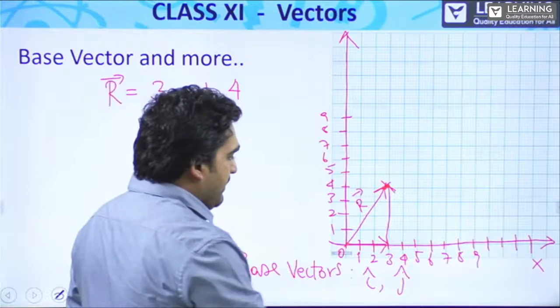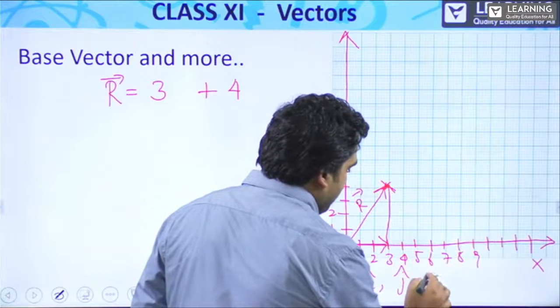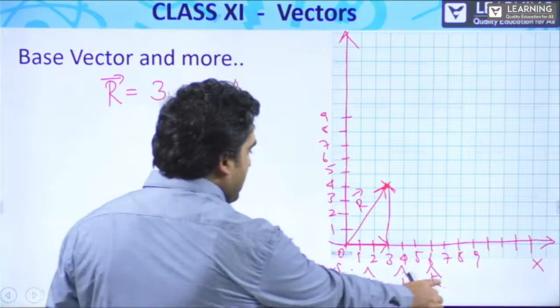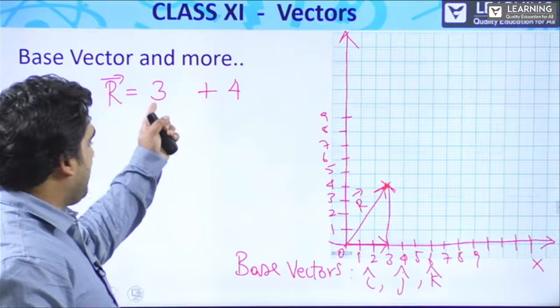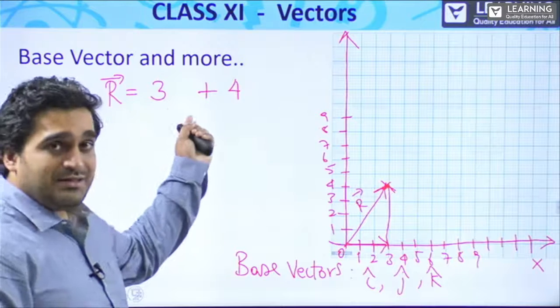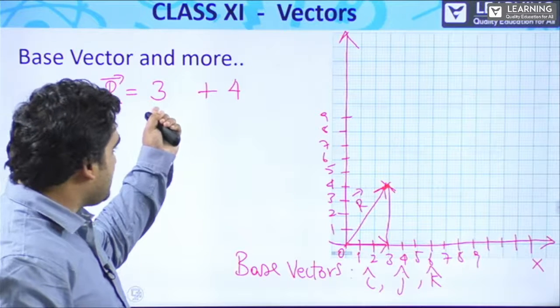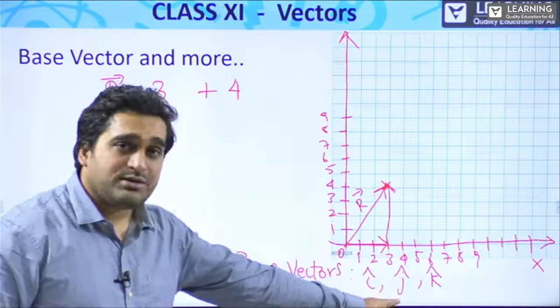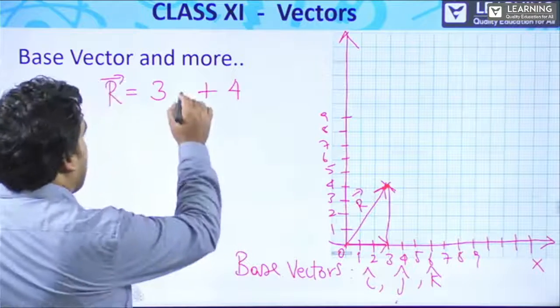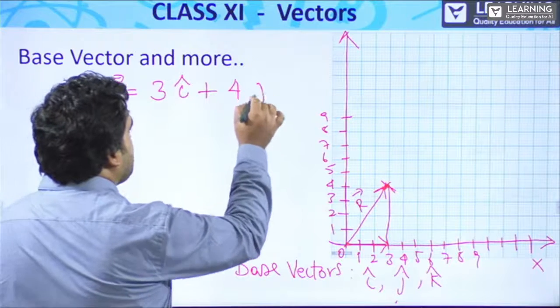In that case, the base vector would be k cap. i cap, j cap and k cap. So I can denote the position along the x-axis and y-axis with respect to its base vectors as i cap and j cap.